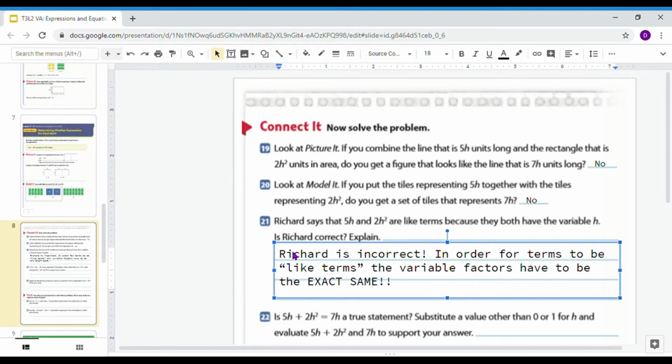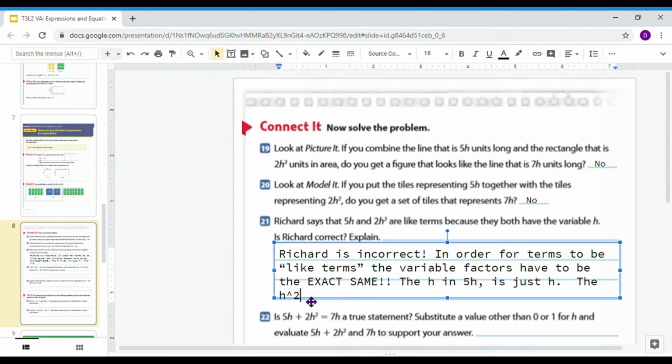So in this case, the h in 5h is just h. But the h squared, reminder, I can't write squared, so I have to draw it with a little caret to the 2.